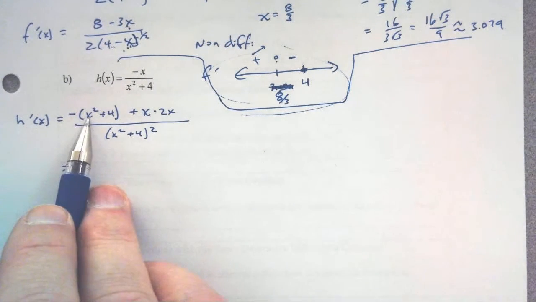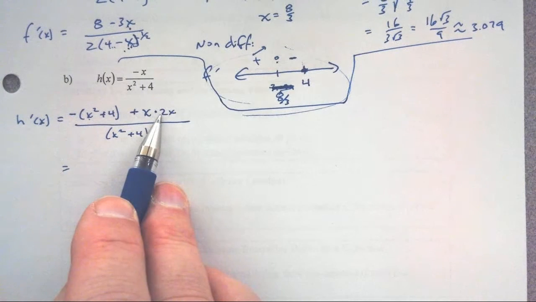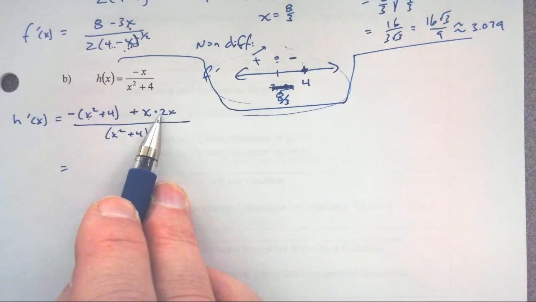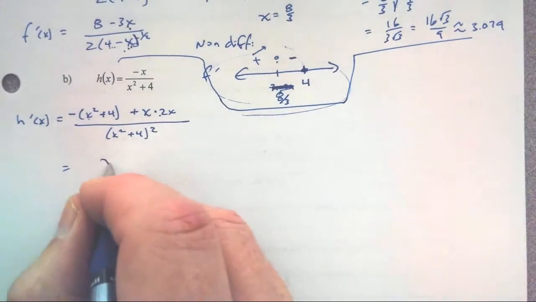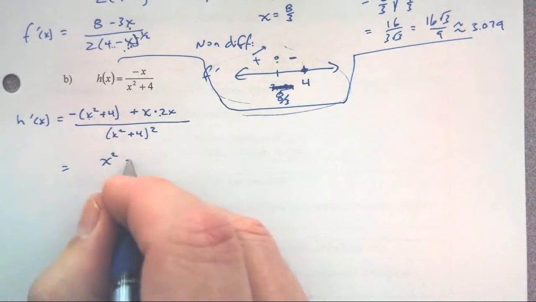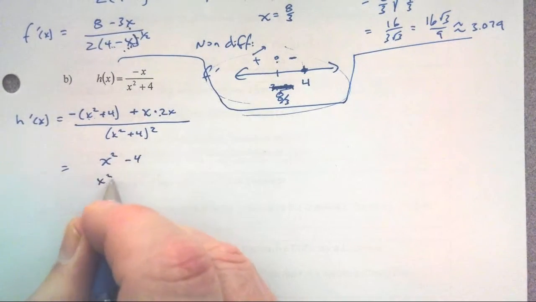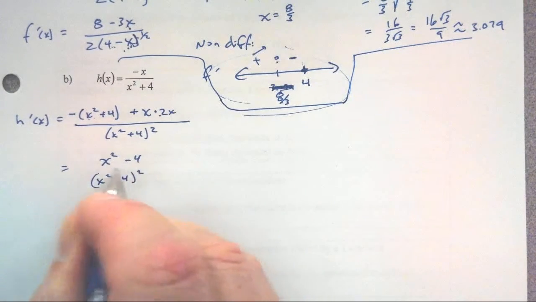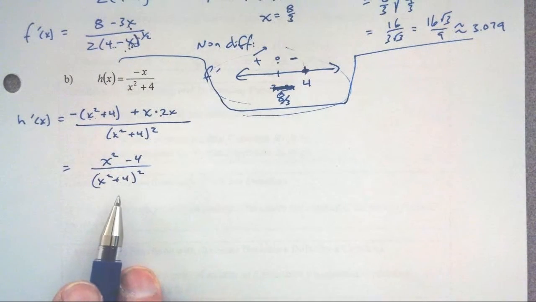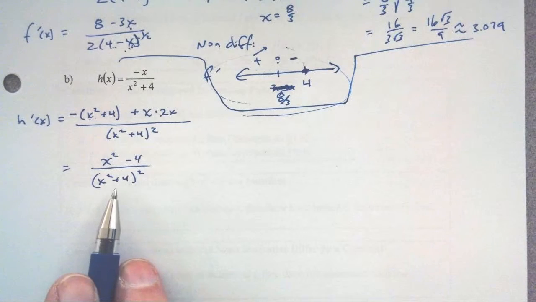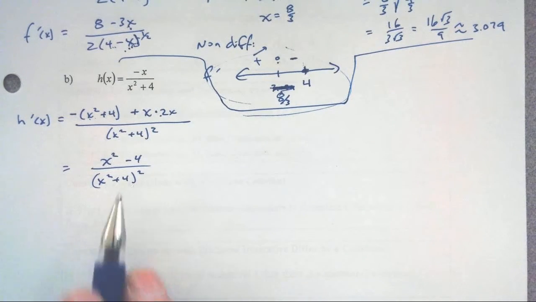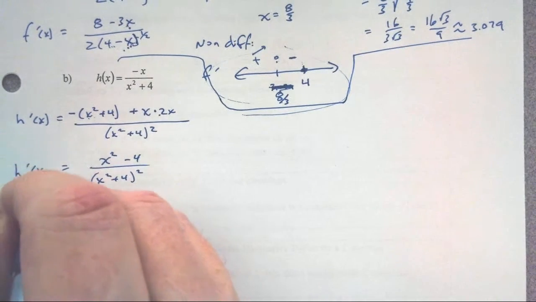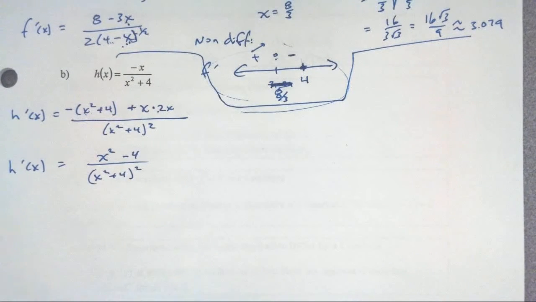Equals, I've got a negative x squared plus a 2x squared. Negative x squared plus 2x squared, I've got an x squared. I've got a minus 4, all on x squared plus 4 squared. Well, as it turns out, it looks like we are differentiable everywhere. I can put any value I want in the denominator here. So h prime of x gives us this.